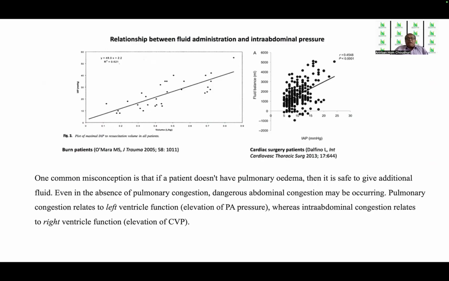And when dangerous abdominal congestion occurs, the intra-abdominal pressure rises, the abdominal perfusion pressure declines, and finally the abdomen gives way and the patient goes into organ failure and finally into multi-organ failure. So pulmonary congestion is always related to the left ventricle, in other words, elevation of the PA pressures, whereas intra-abdominal congestion is more often related to right ventricular function, like elevation of CVP.